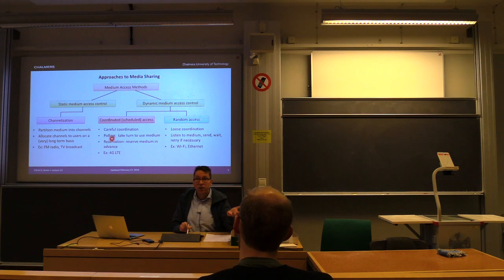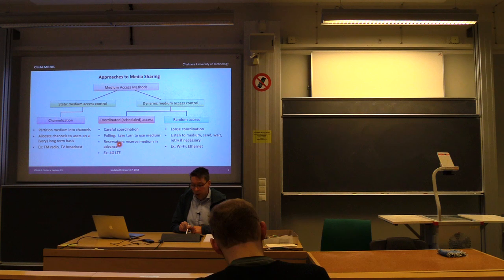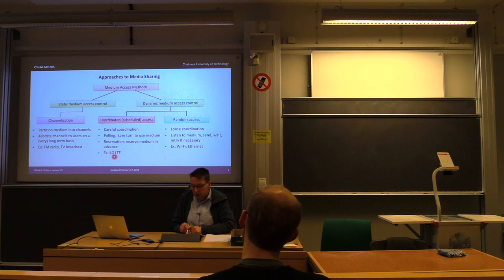We have like a master that organizes the transmission among the users. We can also have some type of reservations where it's a distributed coordination of the medium. But basically, these two things here indicate that there is a setup period where we organize how to use the medium, and then we use the medium. So this is used in modern cellular systems, for instance, like in 4G, 5G, LTE, and so forth.